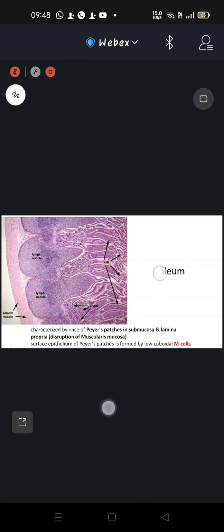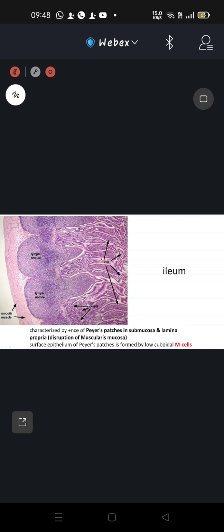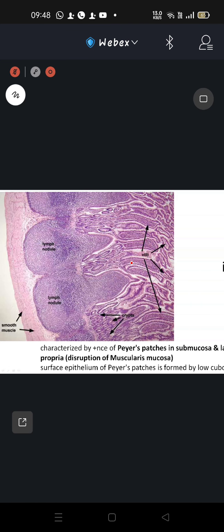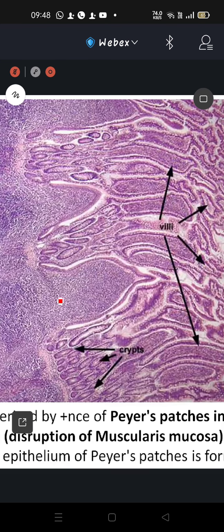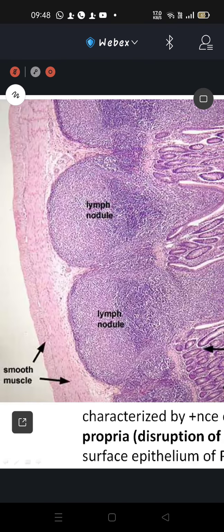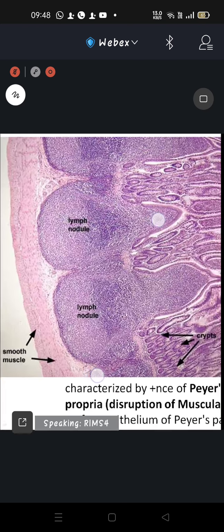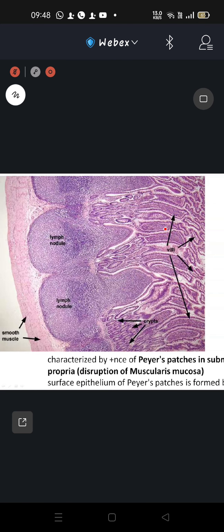So there is an increased number of goblet cells in the lining epithelium. And the lamina propria has this extension of the underlying Peyer's patches. So there is a diffuse lymphocytic extension of the Peyer's patches into the lamina propria.